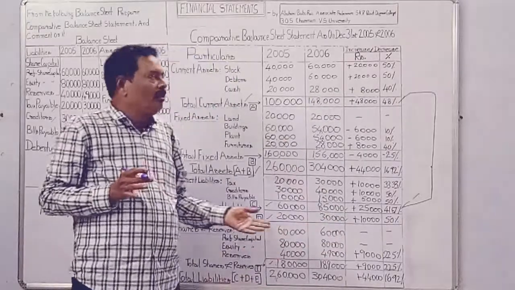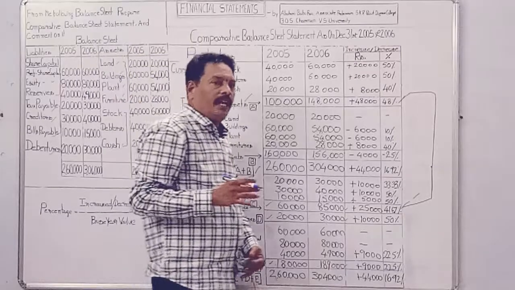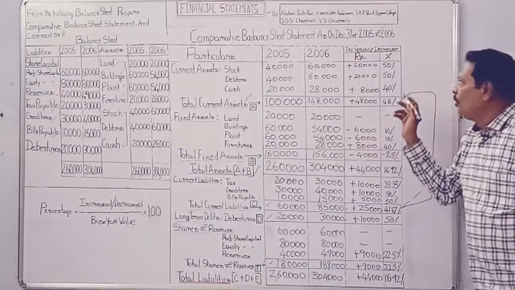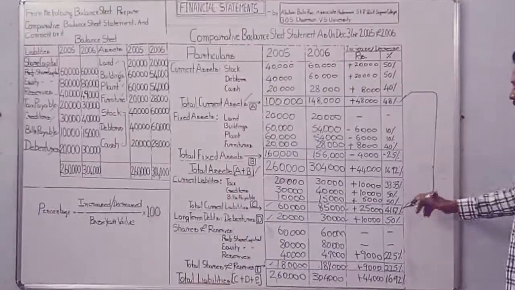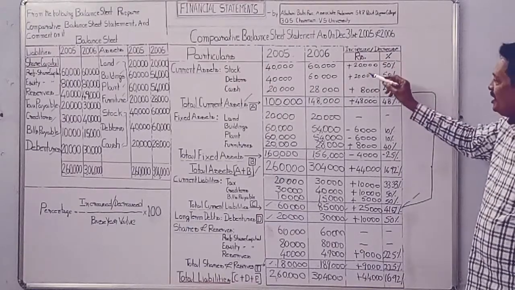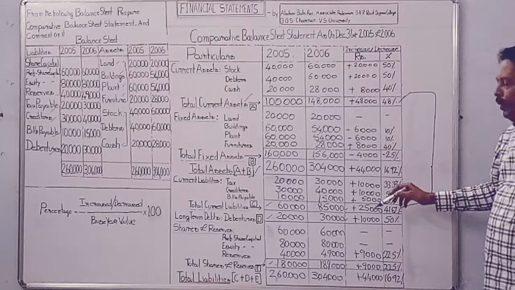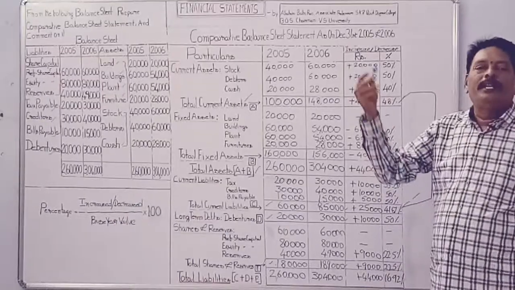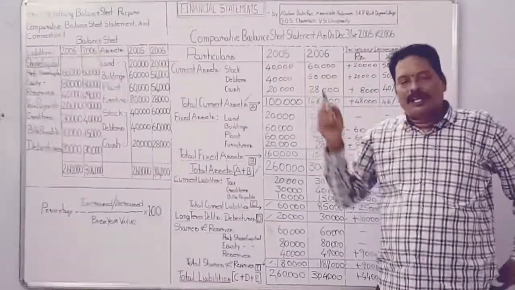After that, the final stage is calculating percentages. Why are we going to calculate percentages? Generally, these increased and decreased values may cause confusion for the managements, CEOs or the owners.